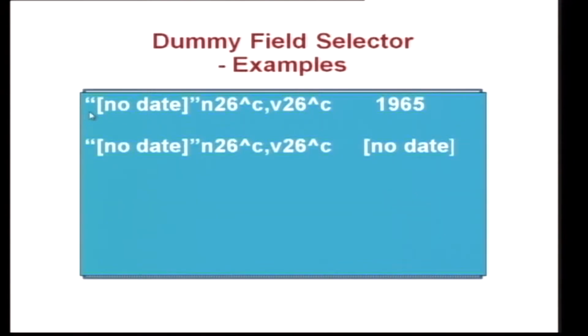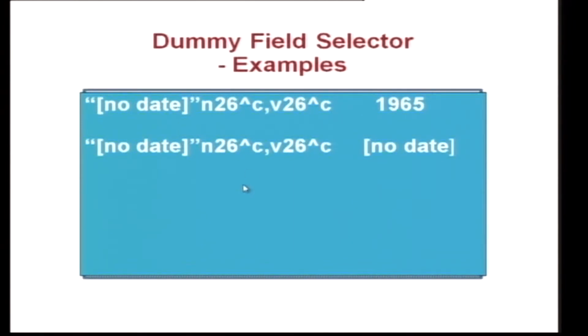In the first case, it says you display no date if 26 subfield C is absent. You see here I have given N. Now, in this particular record, tag 26 is present and the content is 1965. So, it will not display no date, it will directly display the content of V26 caret C. So, 1965 will be displayed.